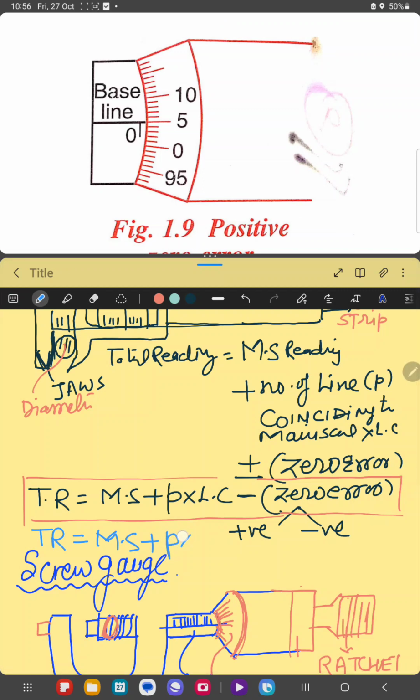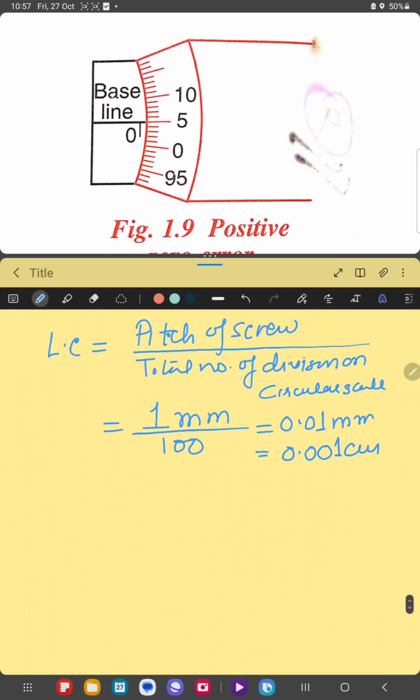So P multiplied by the least count, minus the zero error. So the total reading formula remains the same in both cases: main scale plus the coinciding column multiplied by least count, minus zero error.